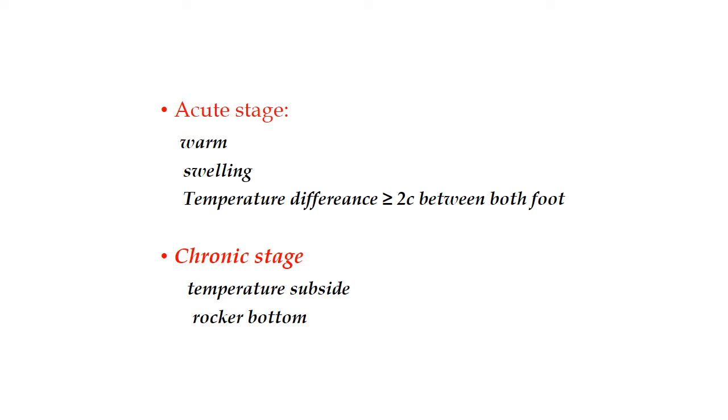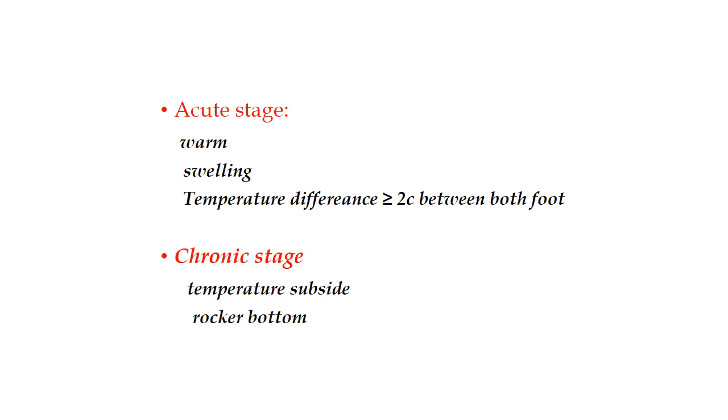The acute stage is similar to a hot swollen foot, so the differential diagnosis includes deep venous thrombosis, gouty arthritis, cellulitis, and so on. So we should put the acute stage in our differential diagnosis.